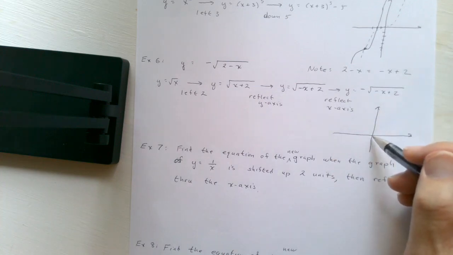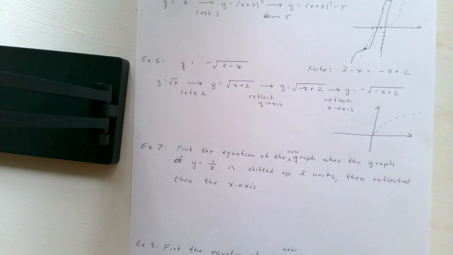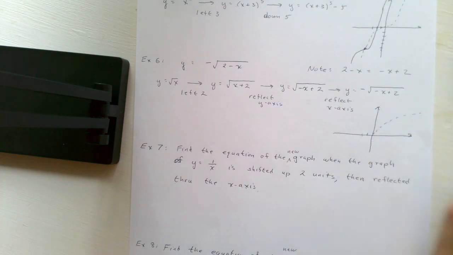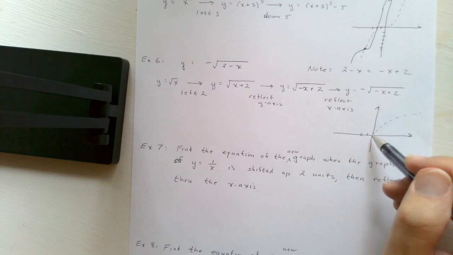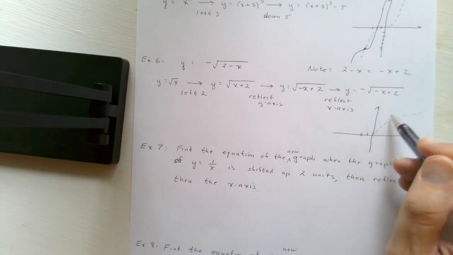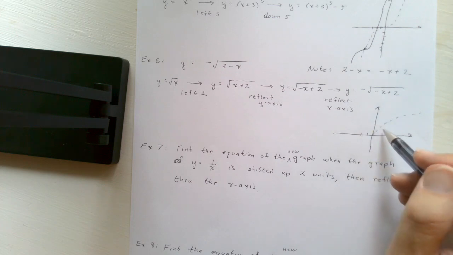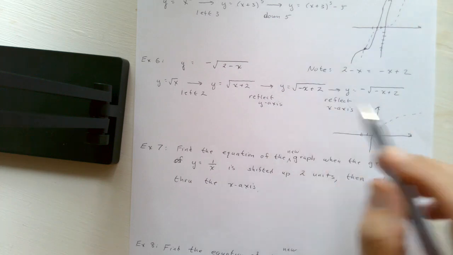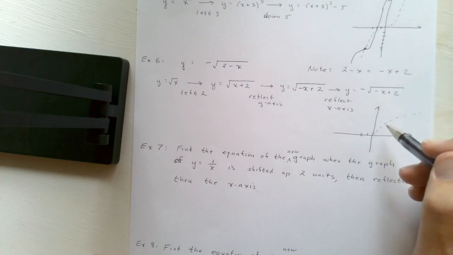Okay, so this was our square root function, looks like that. We shift left 2 units, then we reflect through the y-axis, so we get this, then we reflect through the x-axis. Okay, that will turn it over like this. Maybe we should just do this in steps.